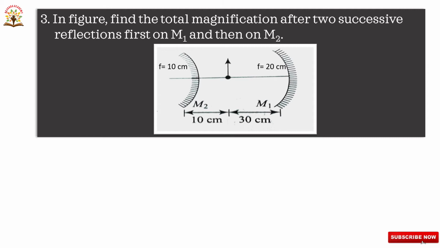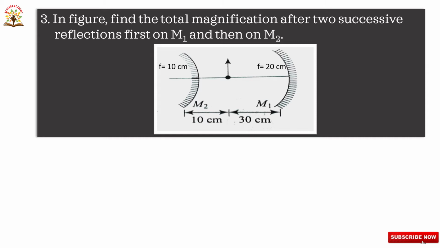One is a convex mirror and the other is a concave mirror. The focal length of one mirror is 20 centimeters, and the focal length of the other mirror is 10 centimeters.